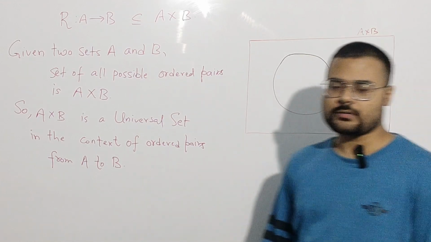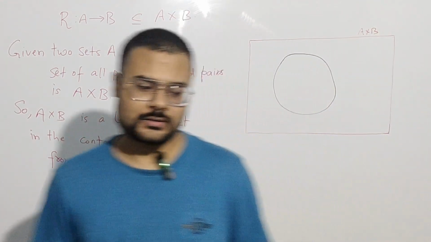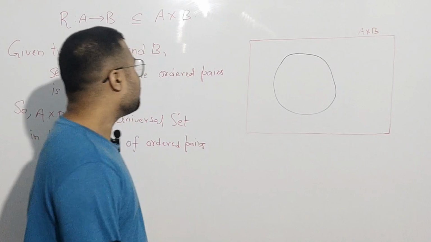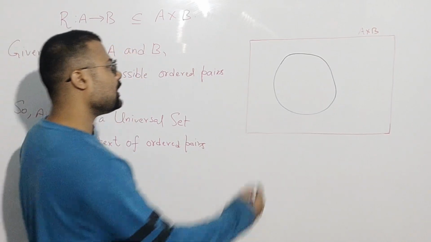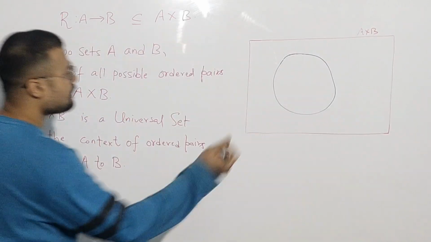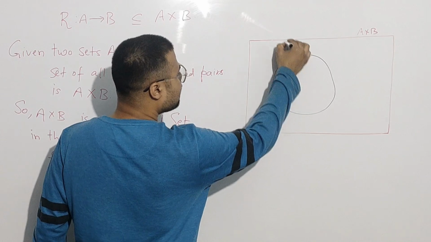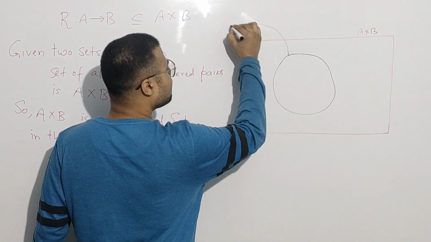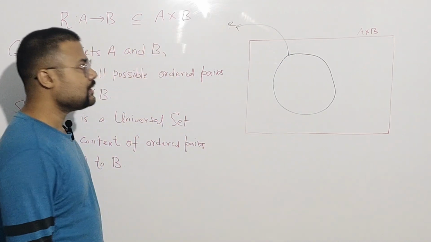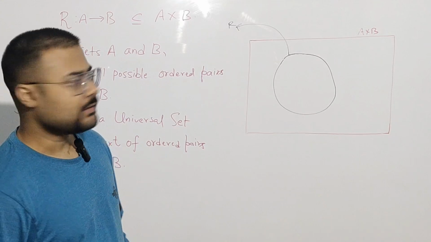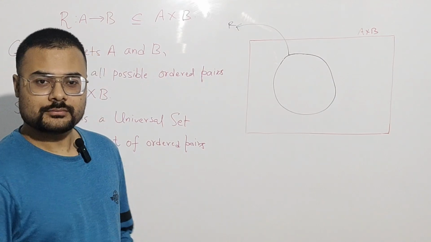There is a concept of complement of a set. If this is relation R, and R is a set, what is the complement of R?